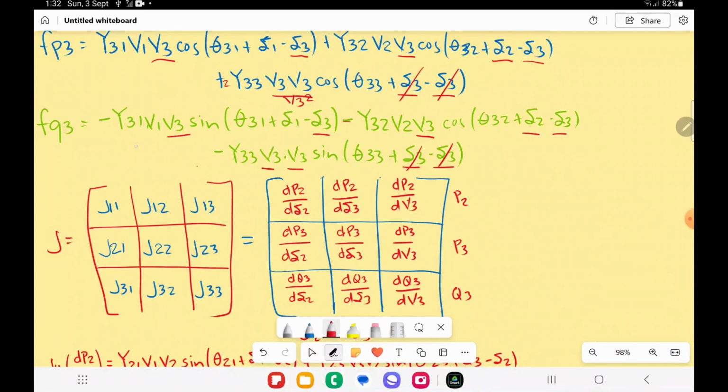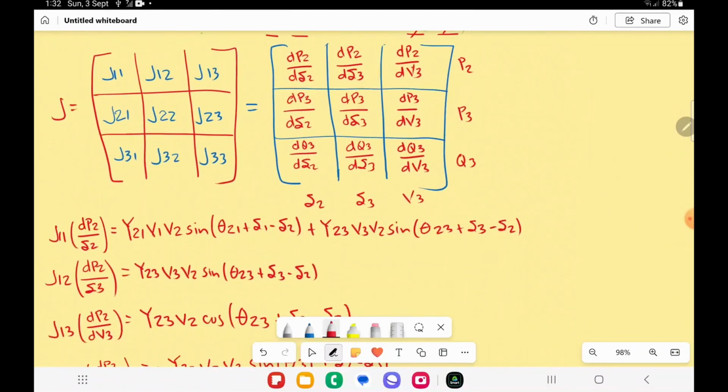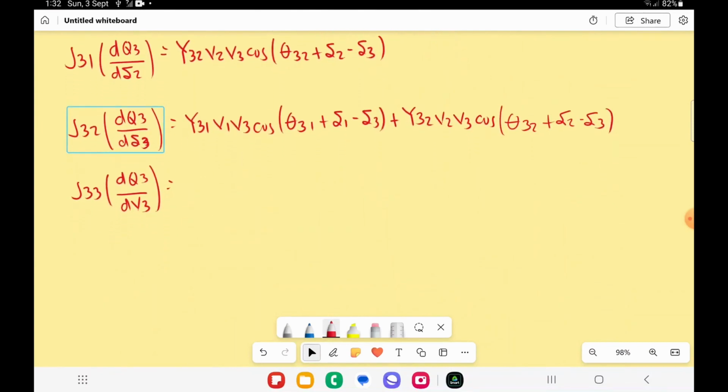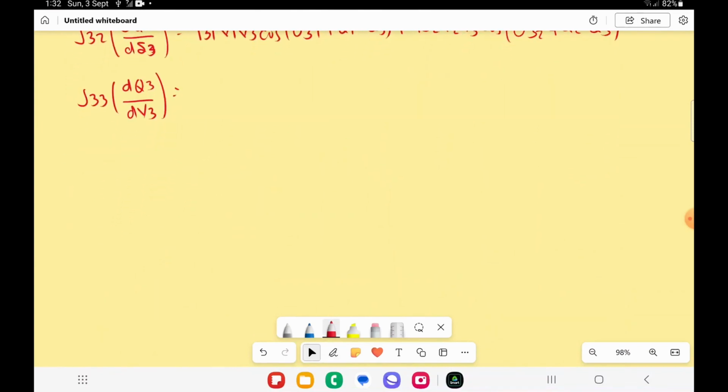So for the first term, we have negative y31 b1 sine theta 31 plus delta 1 minus delta 3.